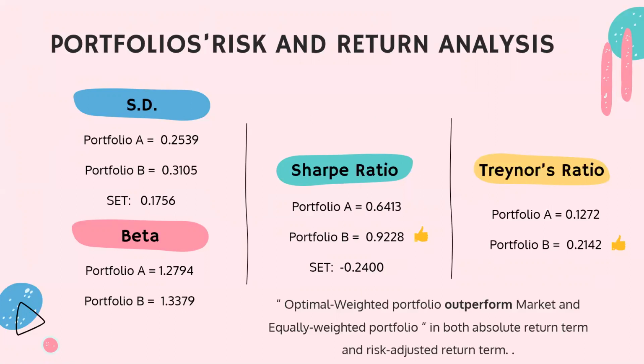And in the same fashion, Treynor's ratio also shows that portfolio B has a higher return per systematic risk than portfolio A. So we can conclude from here that the optimal weighted portfolio outperforms both the market and the equally weighted portfolio in both absolute return terms and also risk-adjusted return terms.